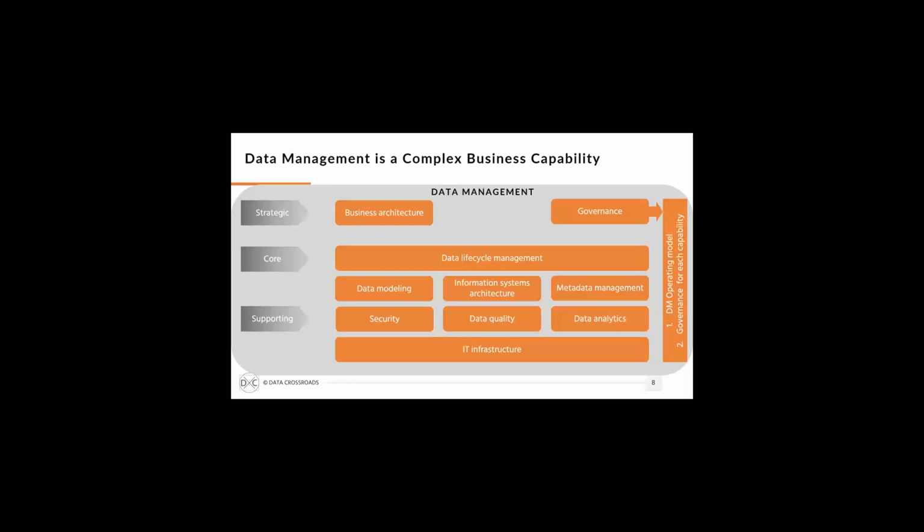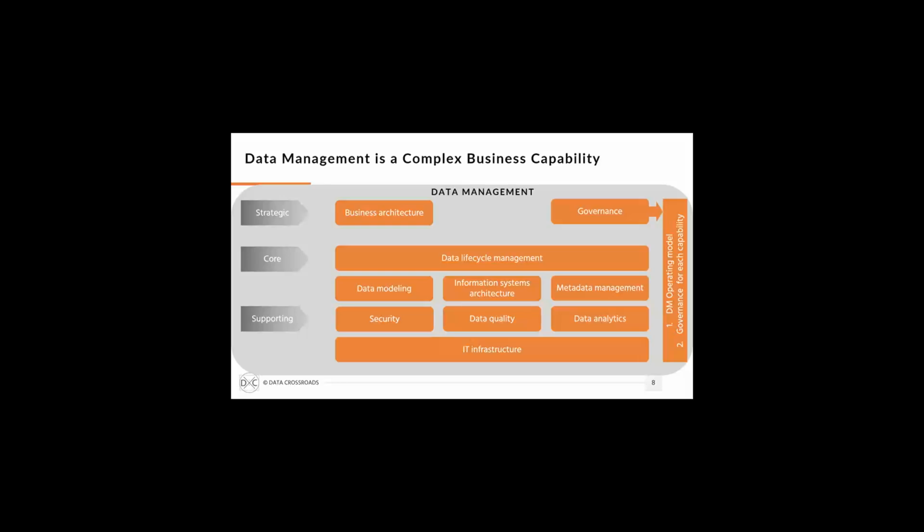By supporting the data lifecycle, an organization transforms data into meaningful information and by that delivers business value to its stakeholders. Two strategic capabilities define the direction of data management. These are business architecture and governance, and there are plenty of other capabilities that support or enable core and strategic ones.